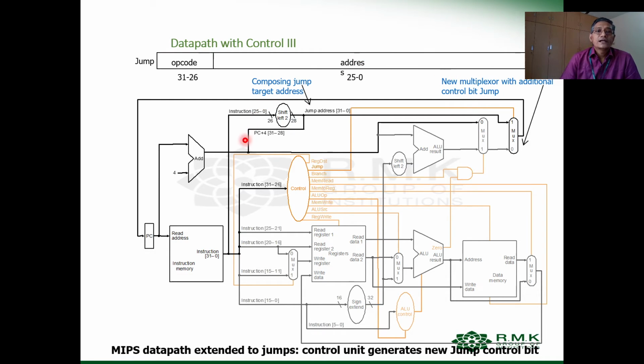That target address is given to the shift left 2 for word displacement, and subsequently it is added to the higher order bits from PC plus 4. So this 26-bit value is converted to 28 bits using the shift left 2, and after adding the PC plus 4 higher order bits, it becomes a total of 32 bits.